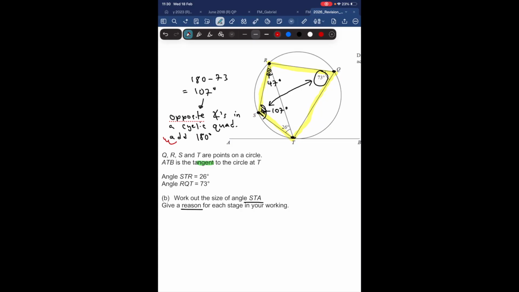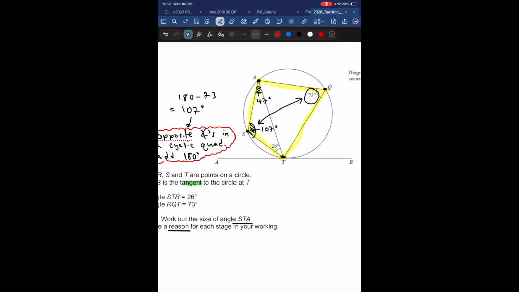That's going to give us the reason for how we got that 107 degrees. How do we get the 47 degrees here? Well, that was because angles in a triangle add together to give us 180 degrees. That's the second reason.